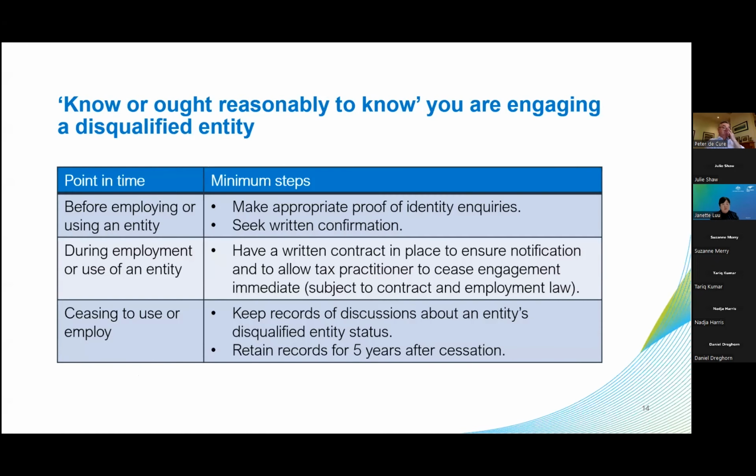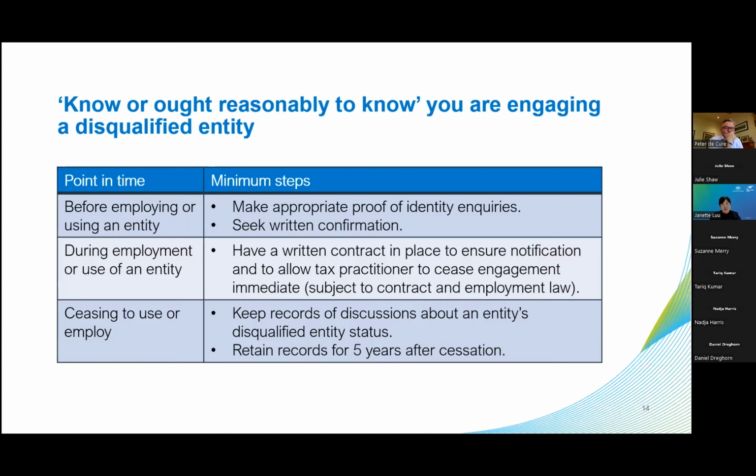So let's assume that we're looking at a point in time where you haven't yet engaged or aren't yet using this entity. So what you've got to do here to satisfy yourself that you didn't know, or you didn't ought reasonably to know, is that you need to have undertaken appropriate proof of identity inquiries.